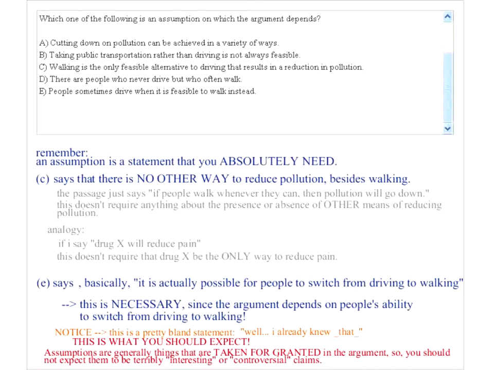Just make sure you know, you're looking for statements that are very bland and not very extreme. On the other hand, if you have a problem where you're trying to strengthen or weaken the argument, then, ironically, the stronger the statement is, the better it is, potentially, as a strengthener or weakener. Here, the weaker the statement is, the more likely it is to be an assumption.